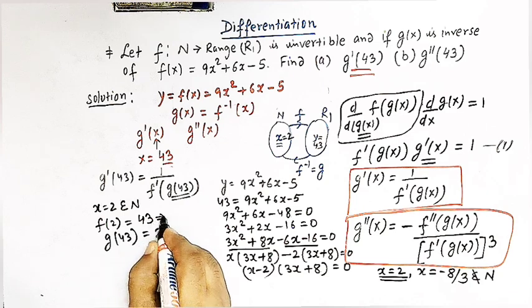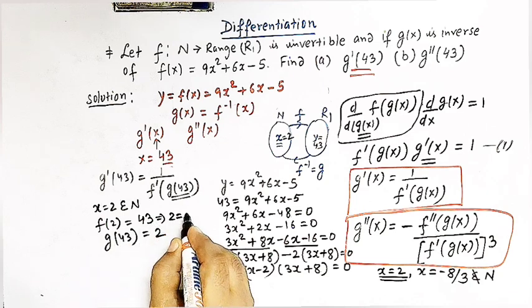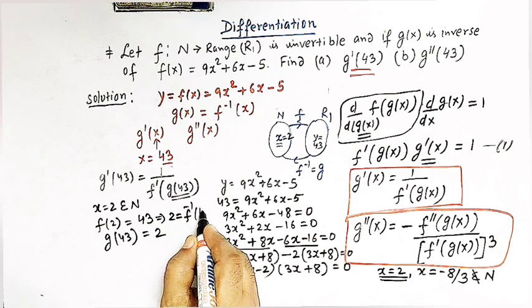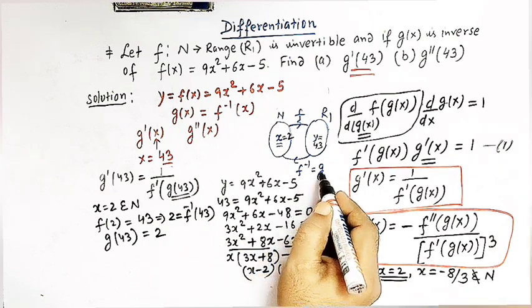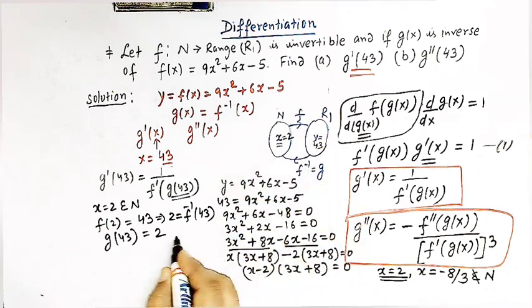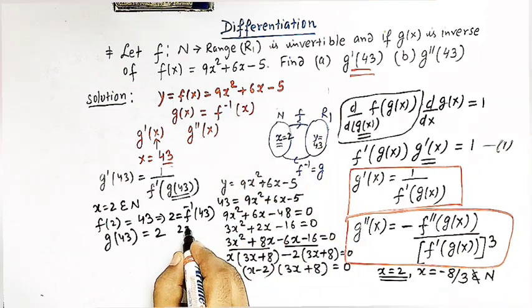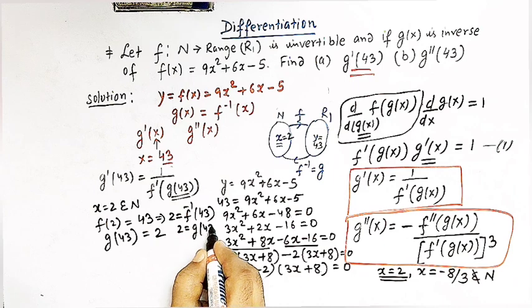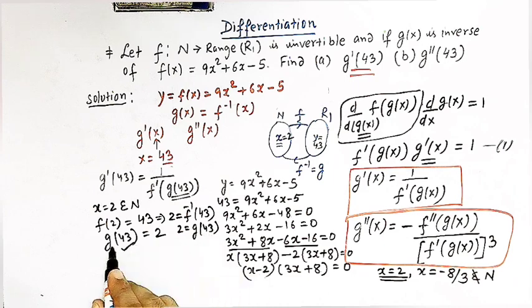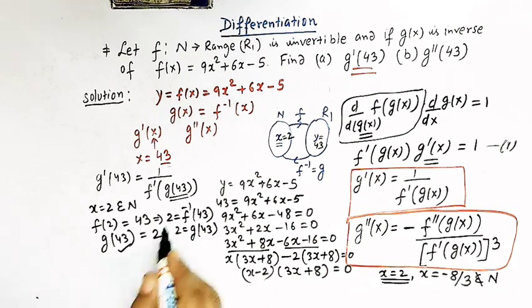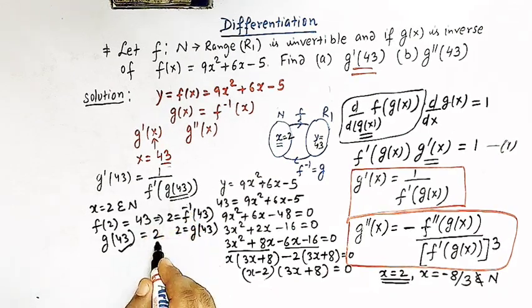So from here we can also write 2 = f inverse(43), and f inverse is given as g. So we can write 2 = g(43), which is the same as this expression.